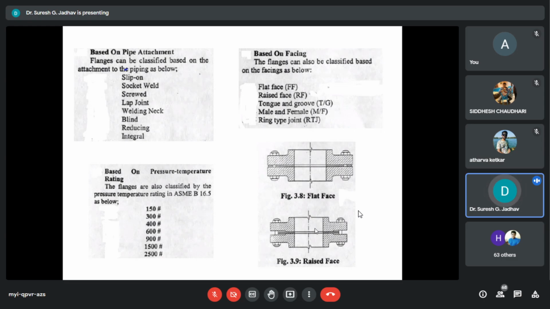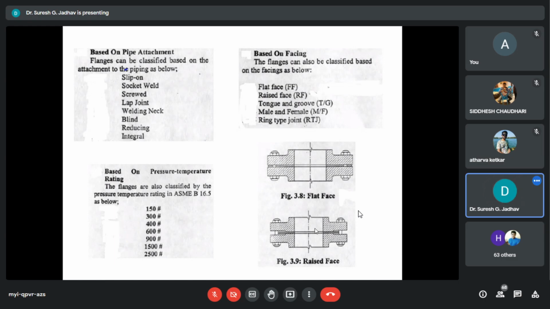And for class 150 and 300# flanges used in this particular application, the raised face is 1/16th inch and is included in the thickness specified.